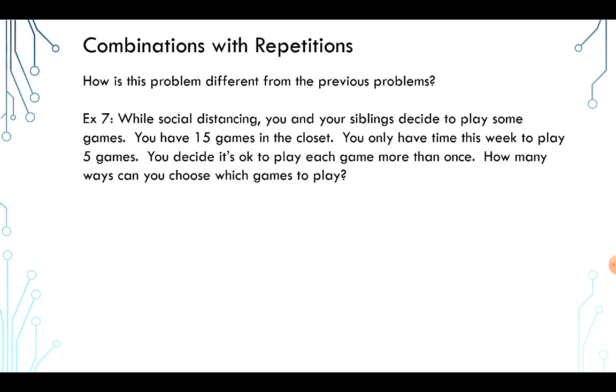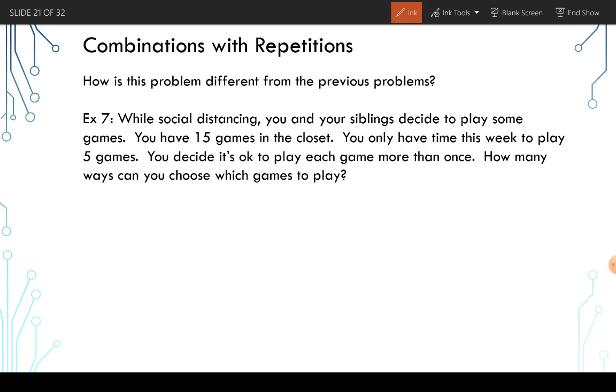Now, in this problem, it's okay if we play each game more than once. So when we play, our first option is 15 because that's the number we start with. Okay? So once I play this one game, I have 15 options to choose from. They said it's okay to play the same game twice.